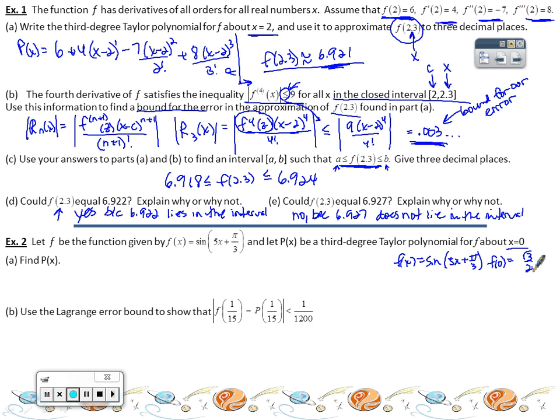So the function is sine of 5x plus pi over 3, and f of 0 is root 3 over 2. You can double check, sub that in for yourself. Now I'm just going to list all the derivatives and the derivative values at 0. And now how far do we need to go? Yeah, we need to go to 3. So let's list those.